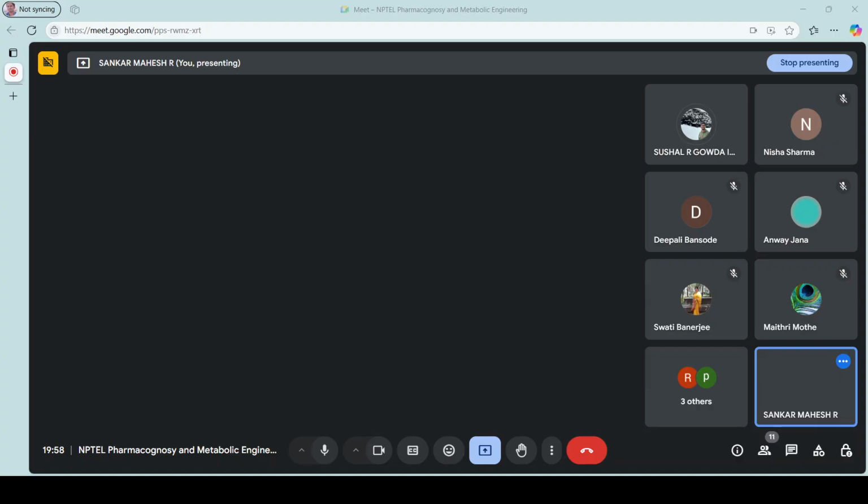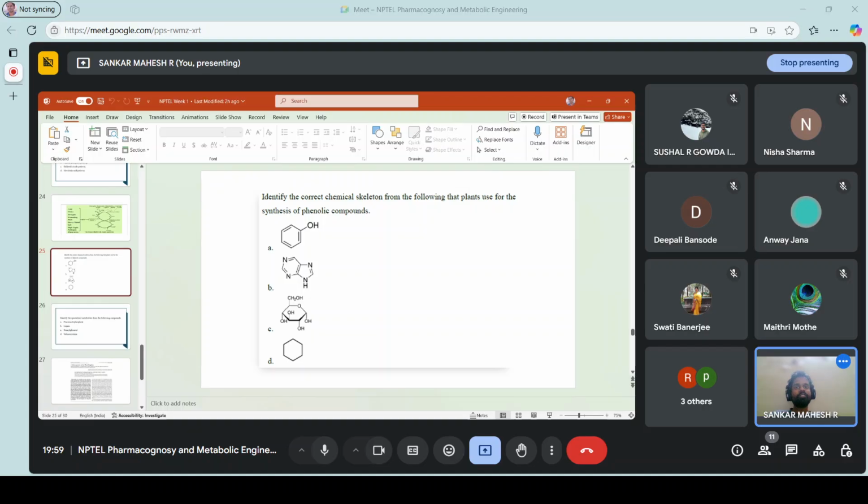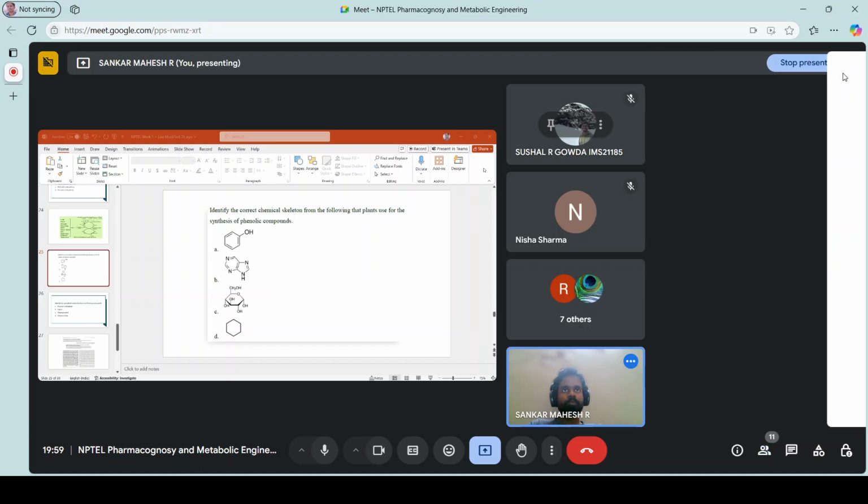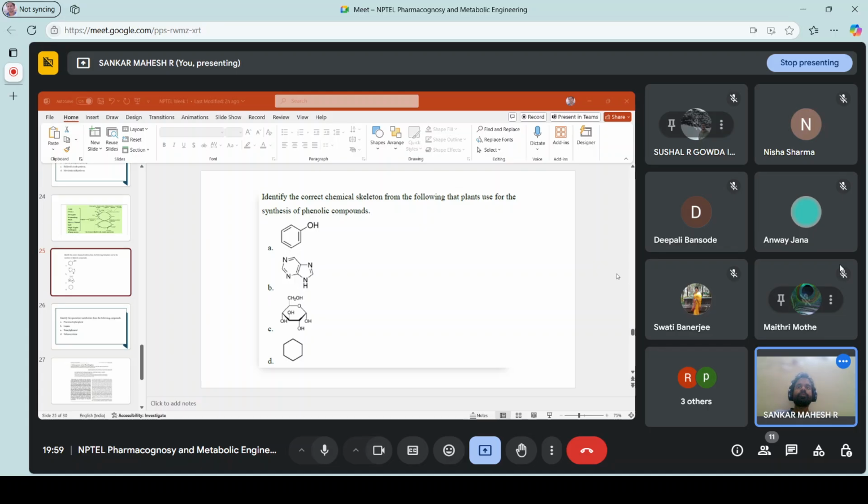The next question is: identify the correct chemical skeleton from the following that plants use for the synthesis of phenolic compounds. So, yeah, this is again a simpler question to answer based on chemistry. Whoever knows the structures, you can start by mentioning what each structure here is called chemically.